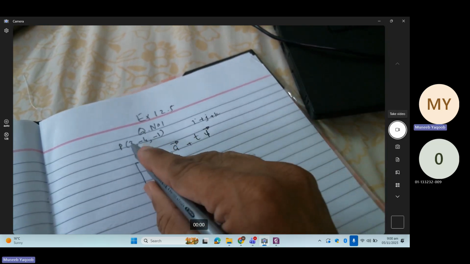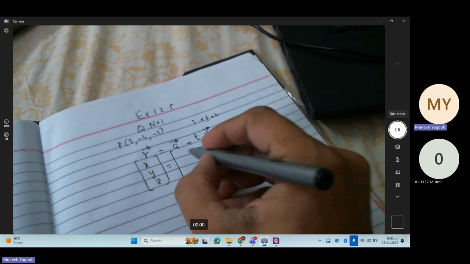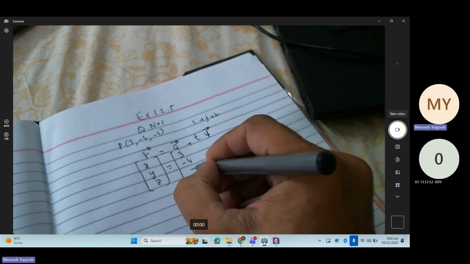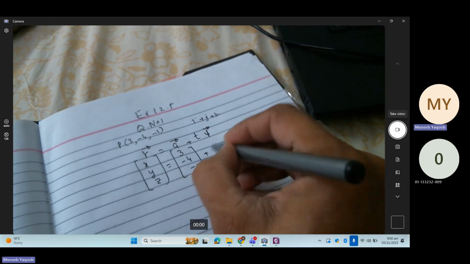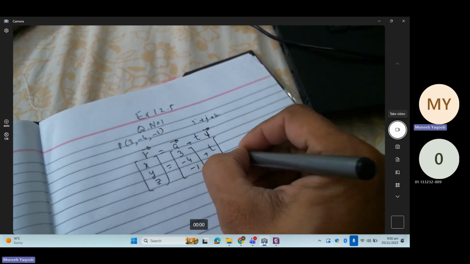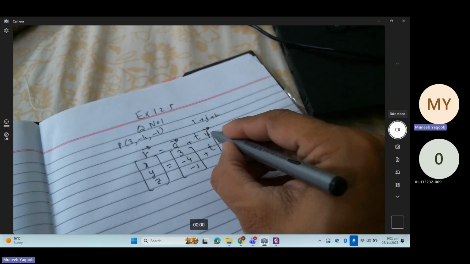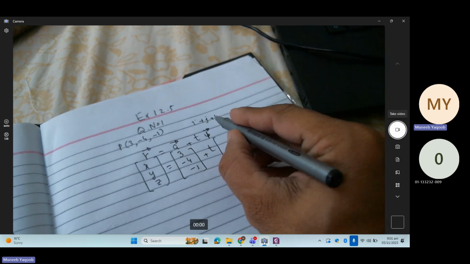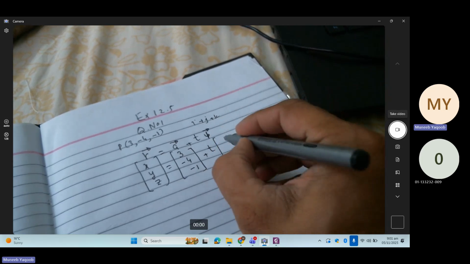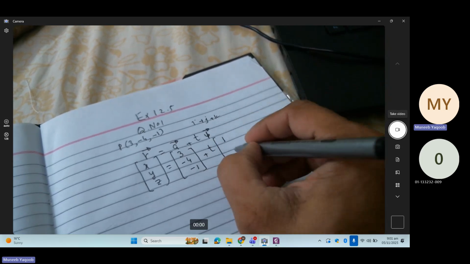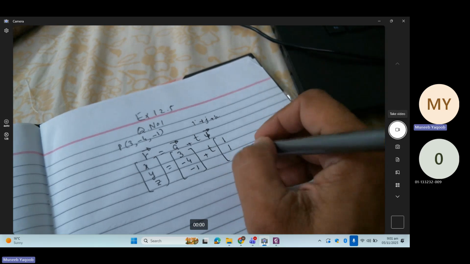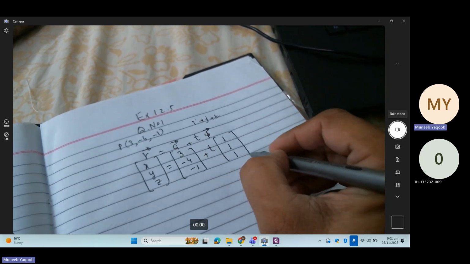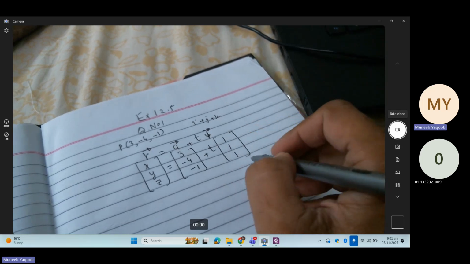So since the line is passing through 3, -4 and -1, in place of vector a, we will write 3, -4 and -1. In place of t, we will write t. And in place of p, that is the direction vector, we will write the vector ijk. Now ijk means 1 in the direction of x-axis, 1 in the direction of y-axis, and 1 in the direction of z-axis. So hence the direction vector is 1, 1, 1.